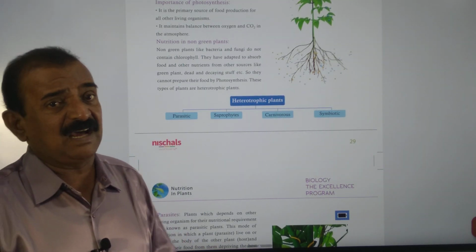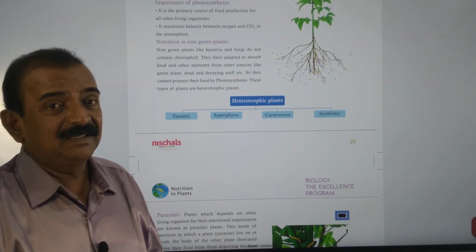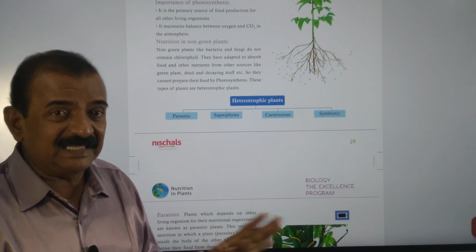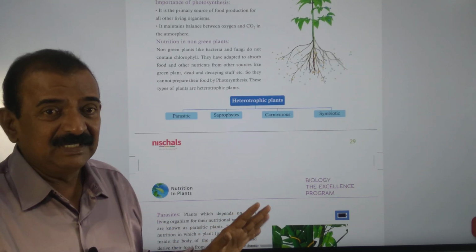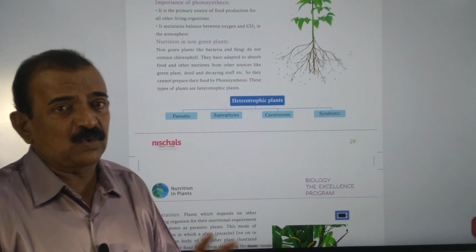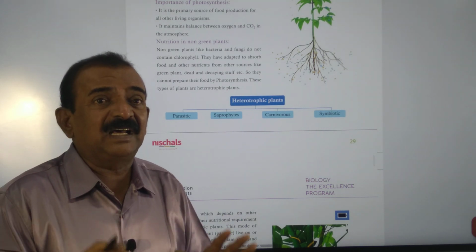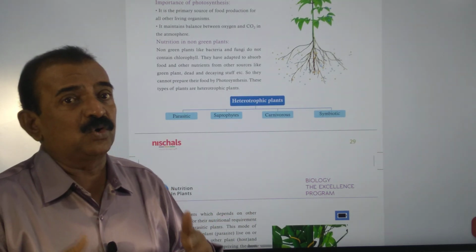Some plants also do not prepare food. For example, heterotrophic plants. Some plants do not possess leaves, do not have green colour structures, and do not have chloroplasts with chlorophylls, and those plants are called heterotrophic plants.